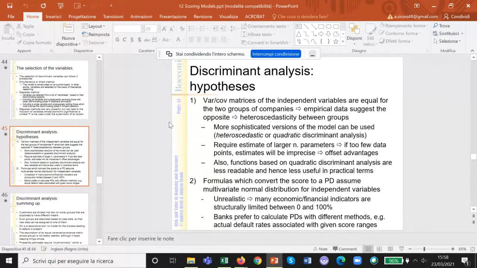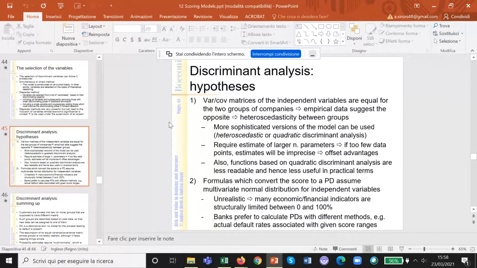The second problem is the one that I mentioned, i.e. that if I want to use directly the discriminant analysis model to estimate a PD, I would be assuming that those variables are normally distributed, which is not really empirically the case, and therefore it would be a problem.